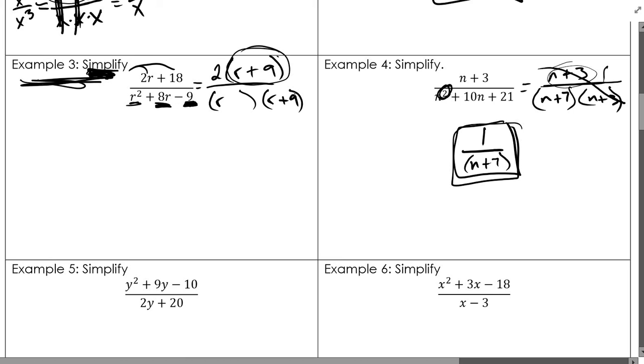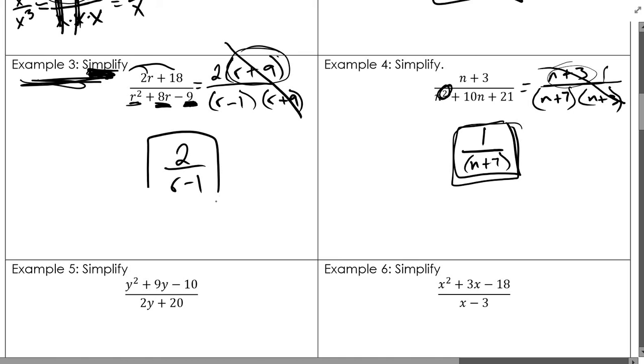If it's a positive 8, it would be a positive 9 minus 1 is what would give us an 8 in the middle. So now that we factored it, what can we cross out on top and bottom? R plus 9, they're gone, and we're left with 2 over r minus 1.